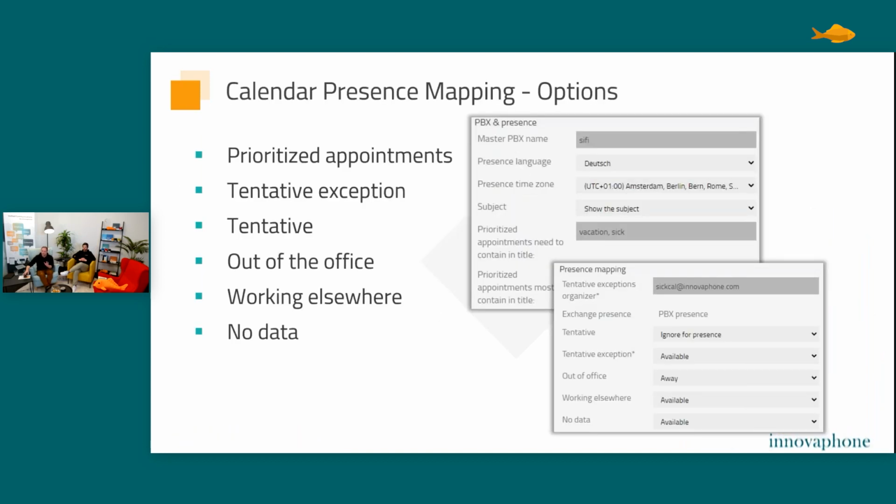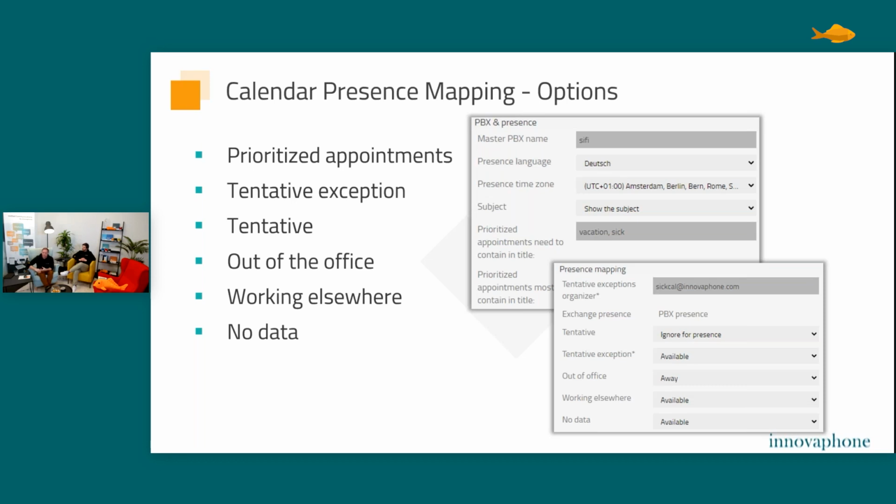Okay, so it was just in the wrong order. I apologize for that. So how we have solved the presence already in the first part, also with remote working, for example, or when you're on vacation: in our PBX manager, we have a little plugin where we can have the calendar presence mapping.